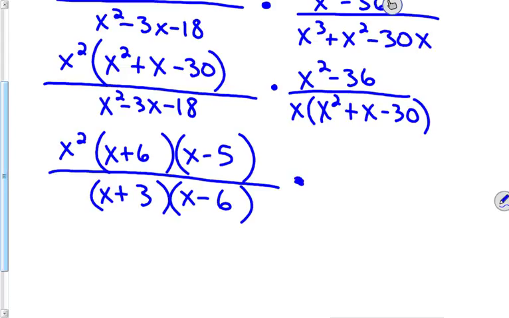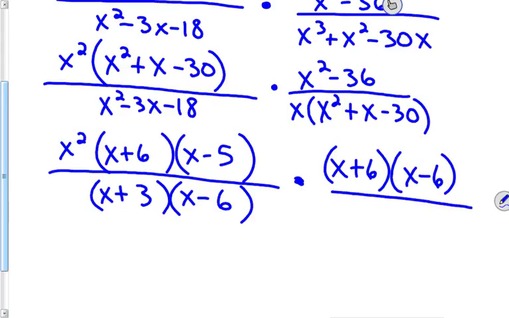Over here, we have a difference of 2 squares on top. That's going to factor into x plus 6 and x minus 6. And on the bottom over here, I'll write my x, and then this is the same as top left, and we know that that factored into x plus 6 and x minus 5. So I've done all of my factoring now. And that, of course, the factoring is the toughest part, I think.